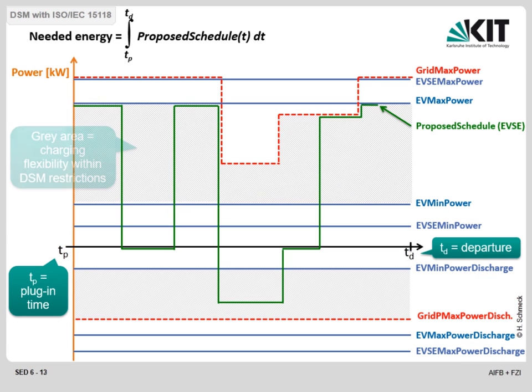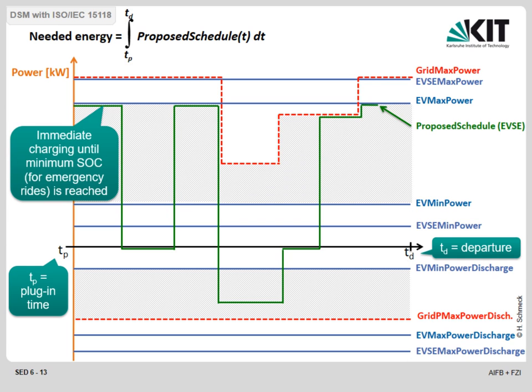The initial part, the immediate charging, has to be done because the vehicle owner will specify a minimum state of charge that has to be guaranteed in case the owner wants to make a spontaneous trip. Then you need a minimum range that should be satisfied, and for this you have to recharge the battery immediately. Then you just stop and wait and start again a bit later.